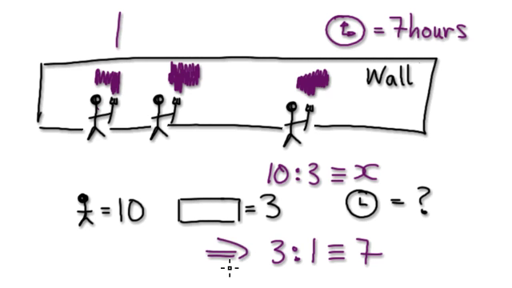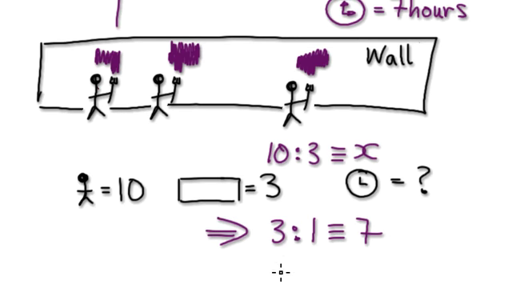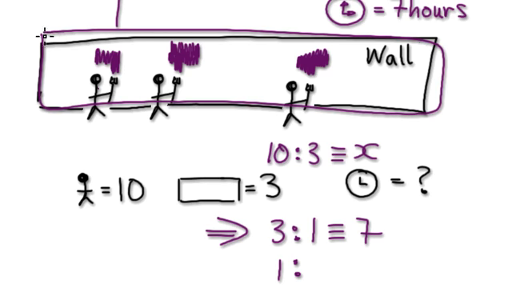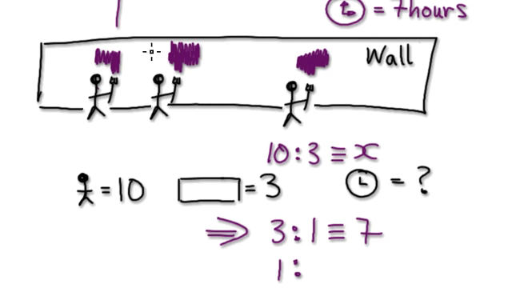Anyway, this is our current situation. If it takes 3 people to paint one wall in 7 hours, then you can reason that one person can paint a third of a wall in 7 hours. So this is your current situation here.